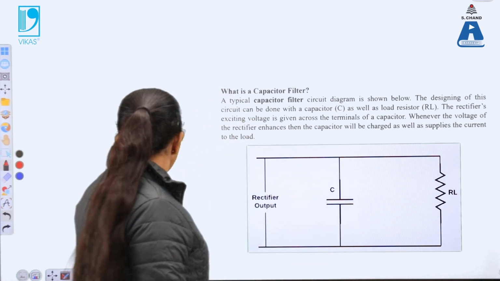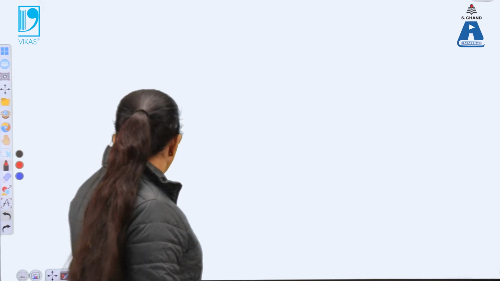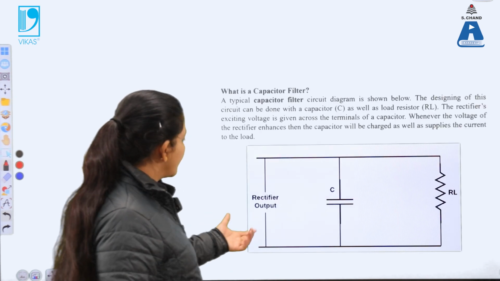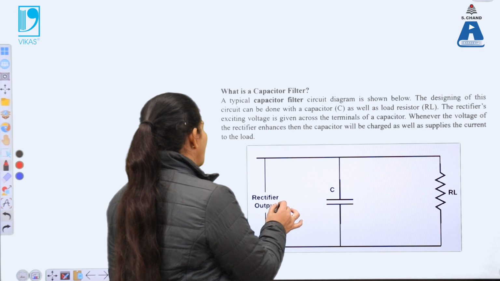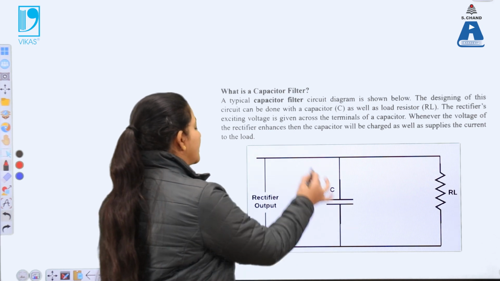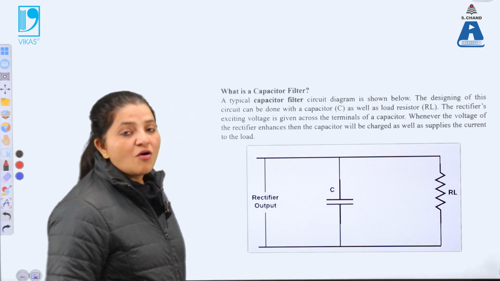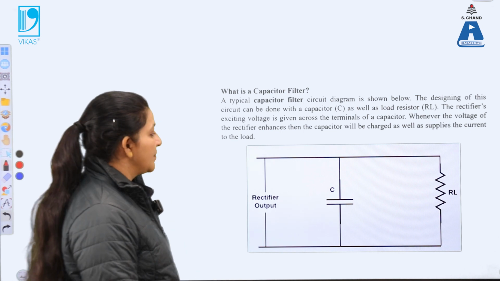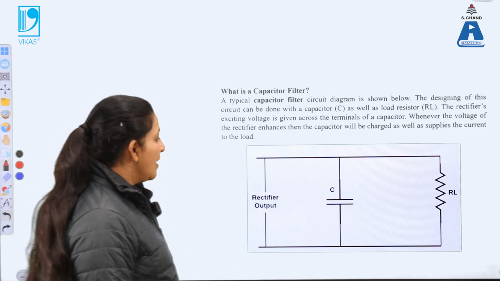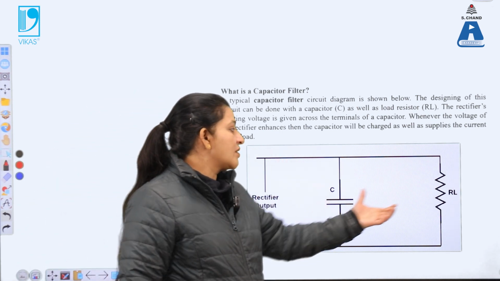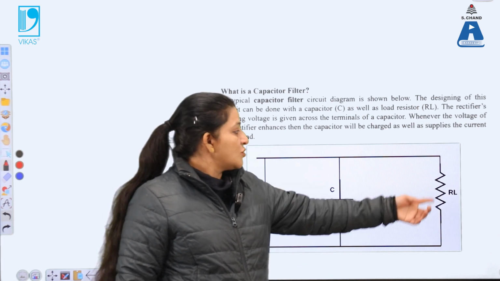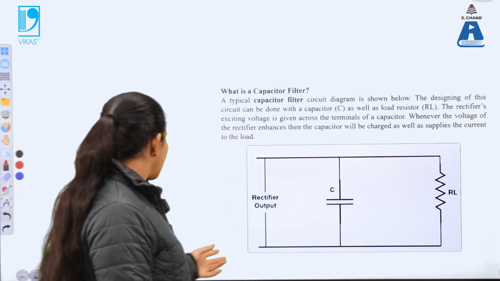This kind of circuit is known as a capacitor filter. Here is the rectifier output, so with this we can connect the half wave rectifier or the full wave rectifier. That is a major application of the p-n junction diode, and after connecting with this we can get the output through the load resistance.